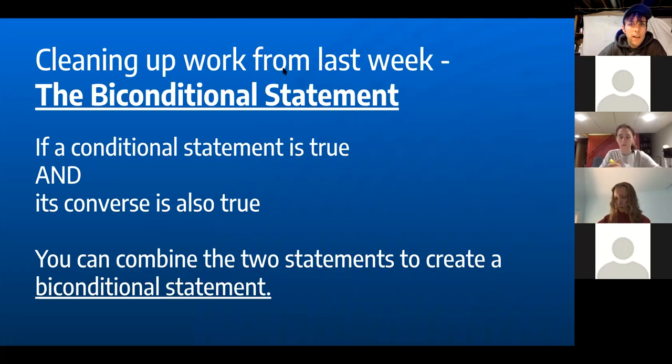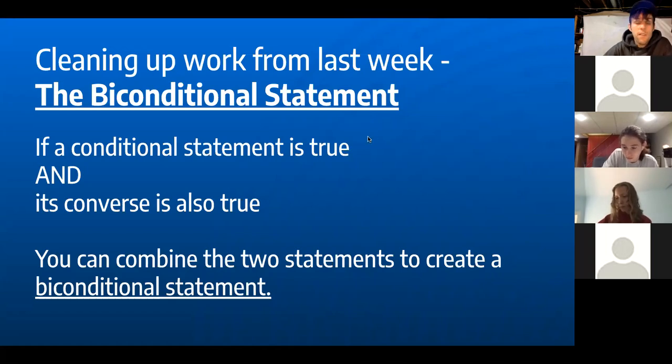We talked a lot last week about how conditional statements have a direction. If the hypothesis is true, then the conclusion also has to be true. But if it works both ways, then we can actually make that into a biconditional statement. And they're going to be used a lot when we write definitions. When we define something, it's nice to have it biconditional.